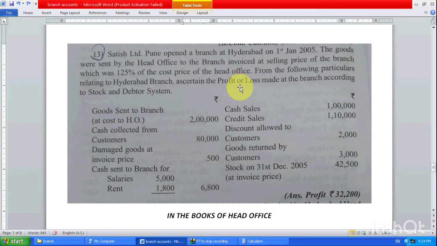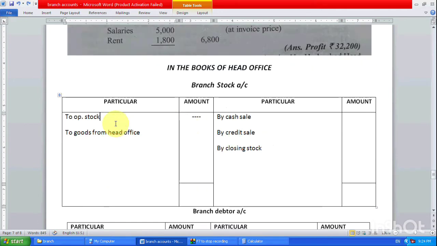So whatever the goods sent by head office to its branch, that value of the goods is 125% of the cost price of head office. Means the normal value has extra added in the goods, so we will find it.